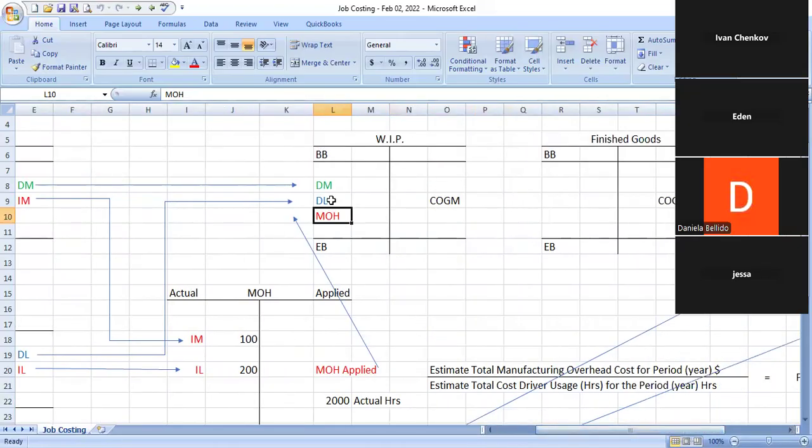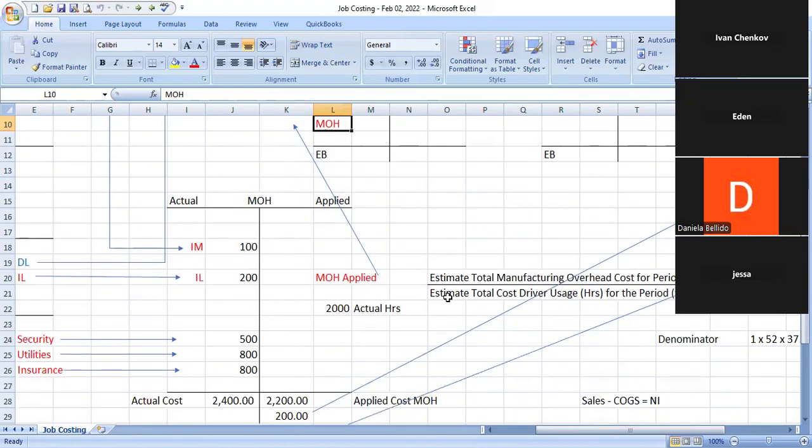Now we saw last time that direct material and direct labor, it's so easy to get that cost. The problem was with manufacturing overhead. Why was the manufacturing overhead the problem? Because the cost comes at different times, and we don't know the entire manufacturing overhead cost until the end of the period. So for that reason, we're using one trick.